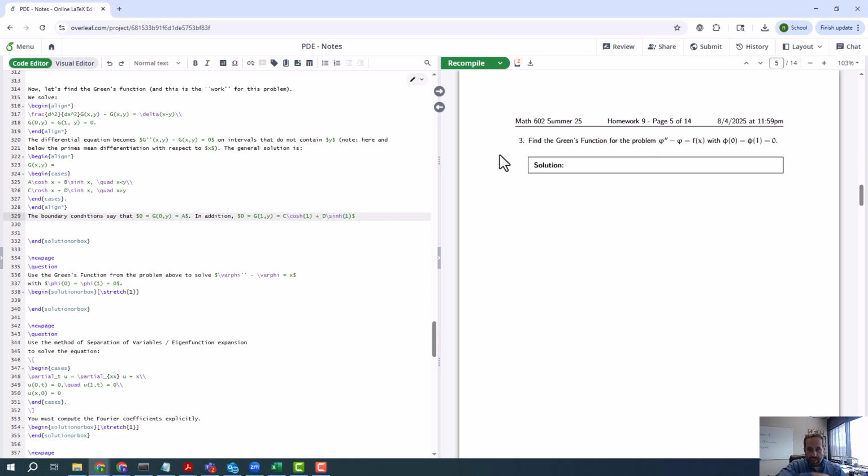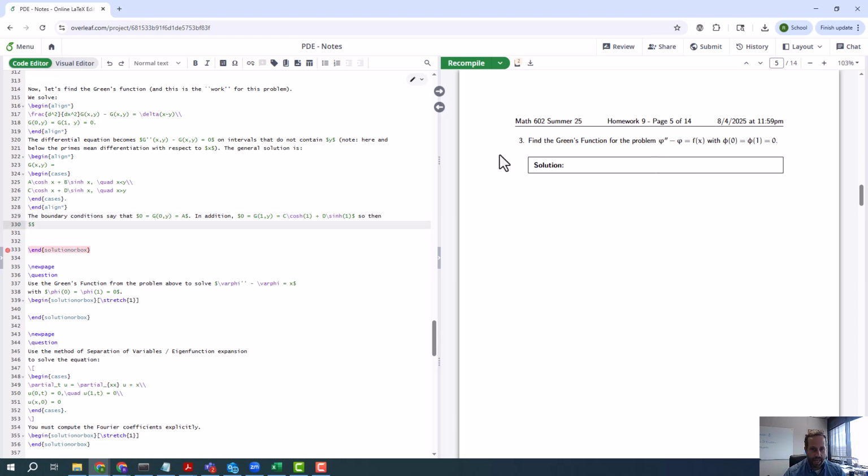Okay, so if we solve this, so then we can say if I subtract the d sinh from both sides and divide both sides by cosh, this gives me c is equal to minus d tanh of 1.